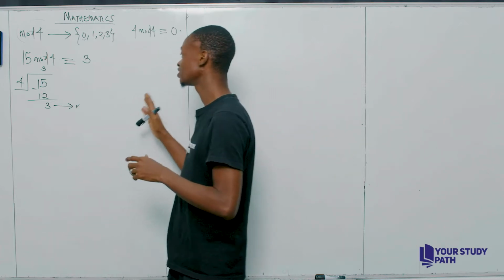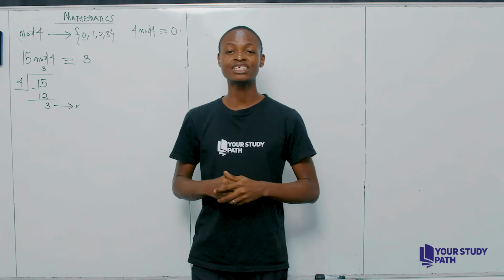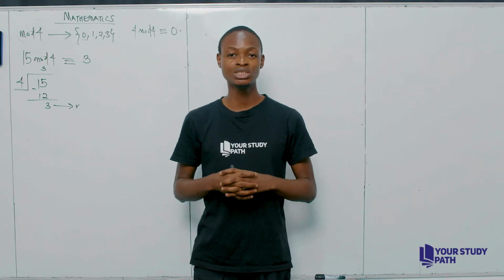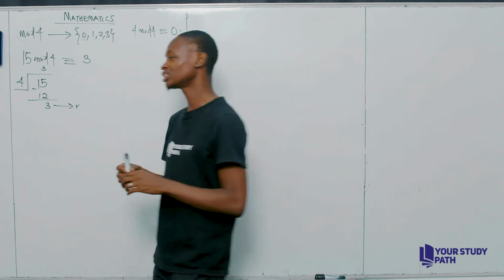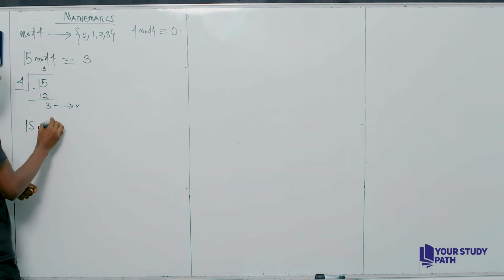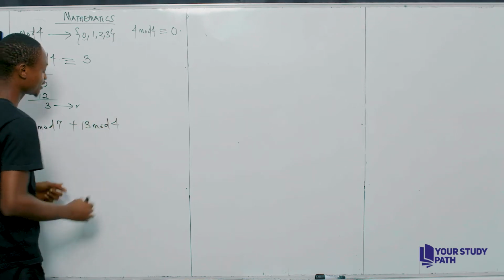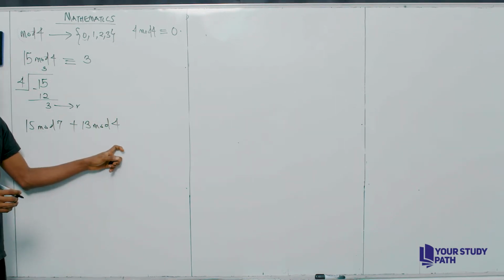These are interesting concepts we talked about in modular arithmetic. We also talked about the fact that you can carry out operations between modulo classes. For instance, you could find the value of 15 mod 7 plus 13 mod 4. First is getting the equivalent values.